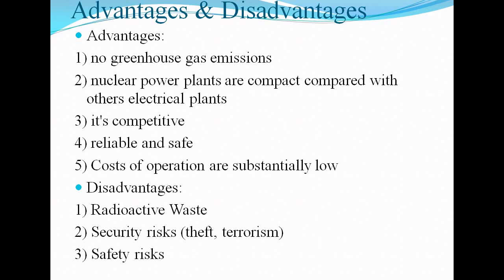Then these power plants are competitive. Then these power plants are reliable and safe, and the cost of operation of these power plants is substantially low as compared with the other power plants. So this is about the advantages of nuclear power plant.